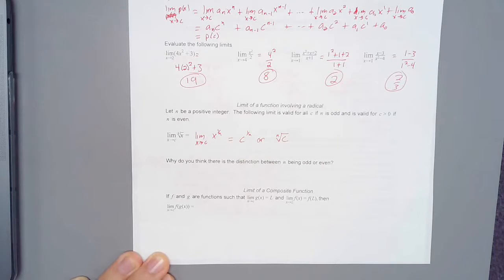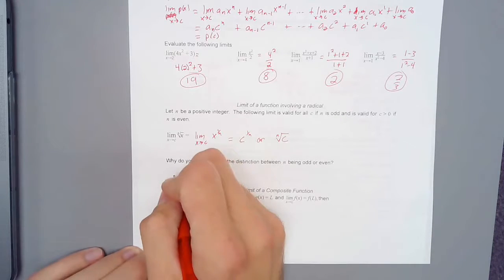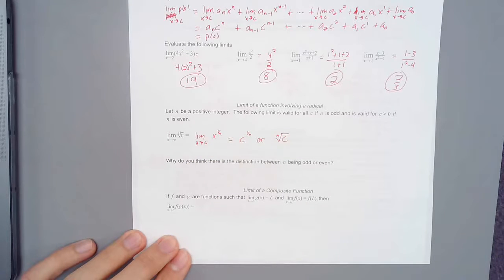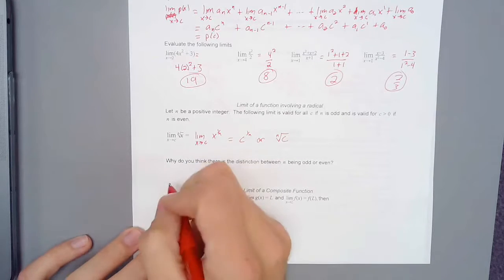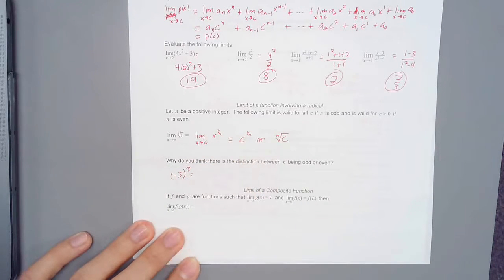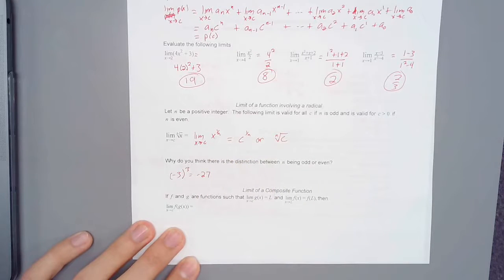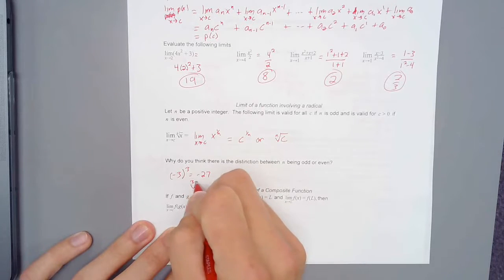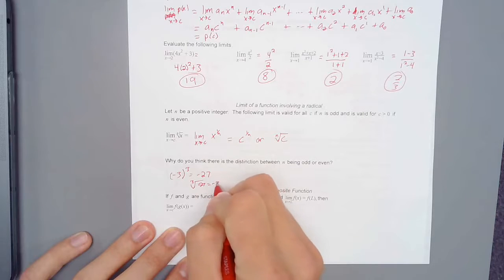Now, is there a distinction between n being odd and even? There is. When n is odd, this is valid for all c, and when n is even, it's only valid for c greater than 0. Why is that? If n is odd, we're looking at cube root, fifth root, and so on. Negative 3 cubed gives negative 27, so the cube root of negative 27 can give me a negative number.